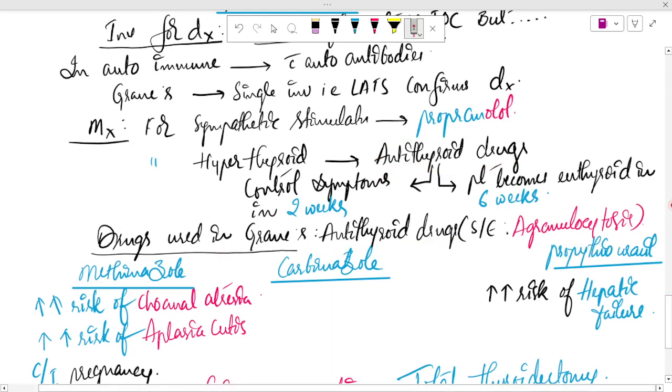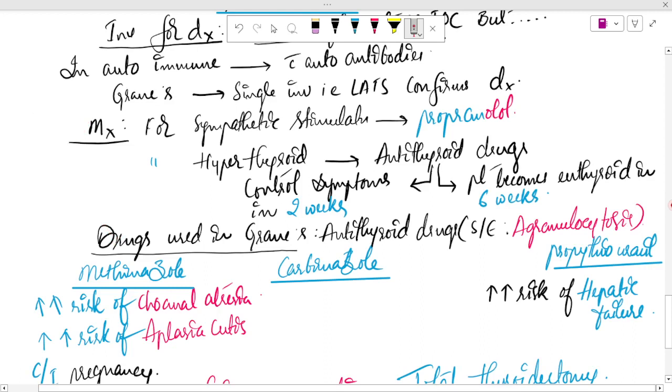But remember one thing, one of the most common side effects with most of the anti-thyroid drugs is agranulocytosis. What are the cells designated as granulocytes? Neutrophils, eosinophils, basophils. What are agranulocytes? Monocytes, lymphocytes.